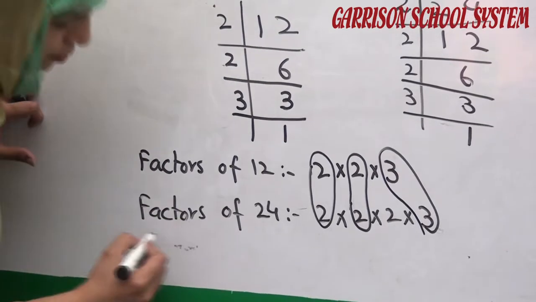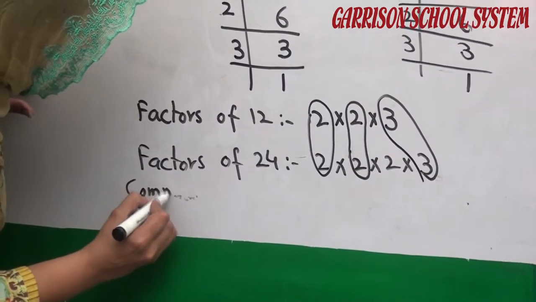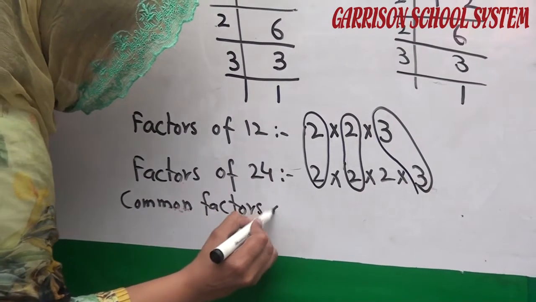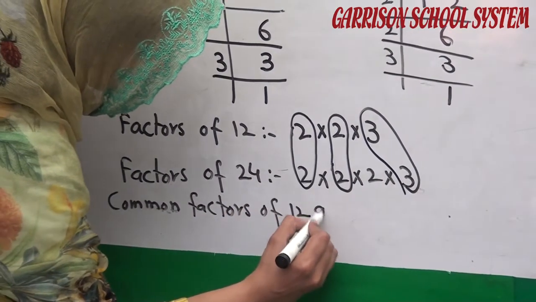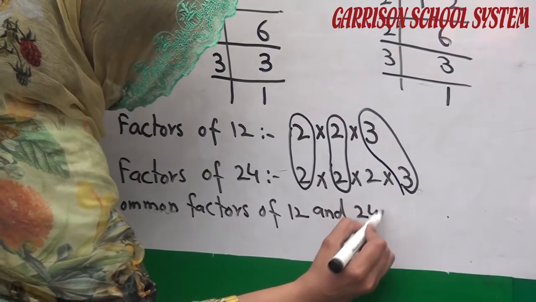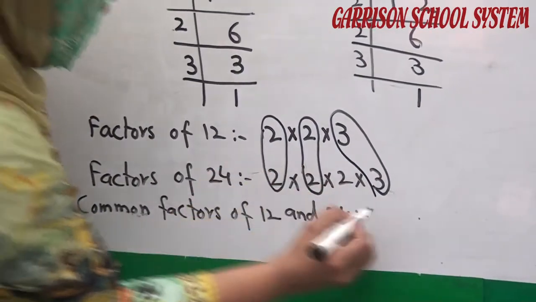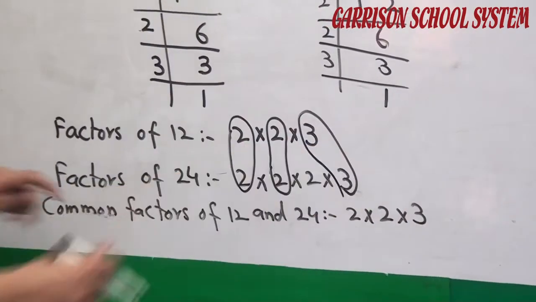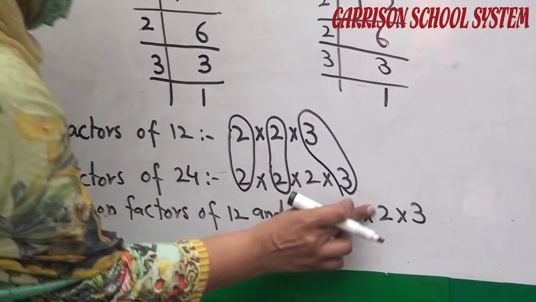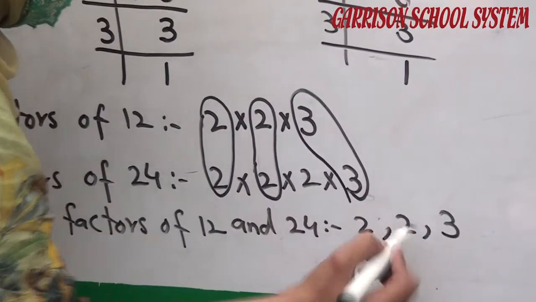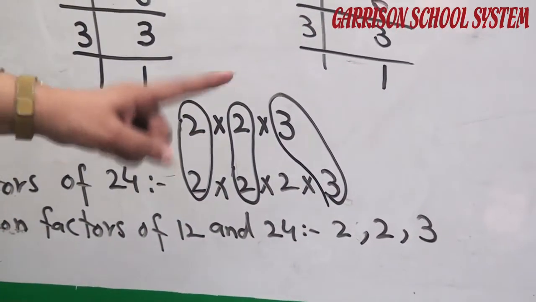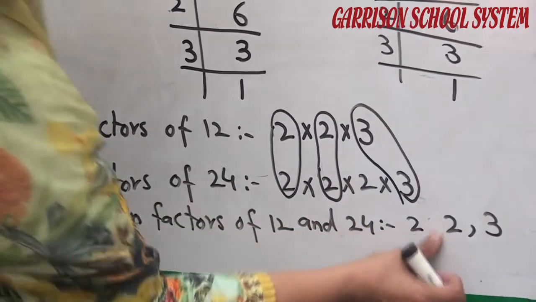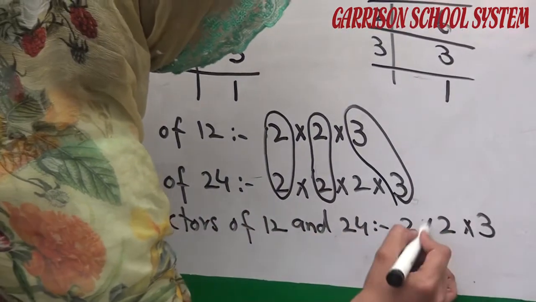So now we can write here common factors of 12 and 24: 2 multiply 2 multiply 3. Students, these are the common factors. You have to write multiply also.